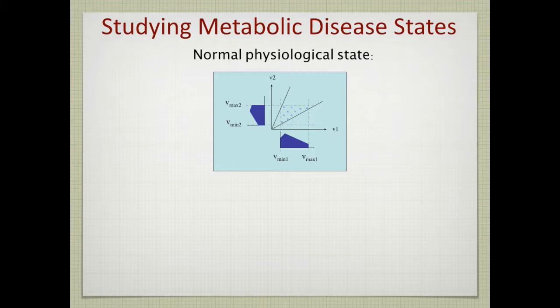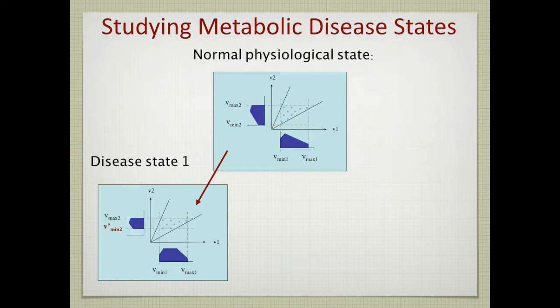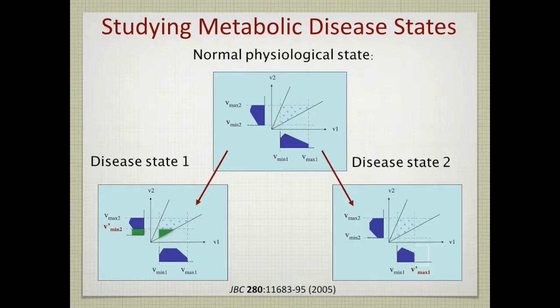Now, if you have, for some reason, overactivity of V2, and its minimum value is elevated, that green swath disappears from that distribution, and that represents that green triangle in the solution space. And similarly, if you have the Vmax of the other enzyme go down, you also subset that solution space. So this is what you can do.